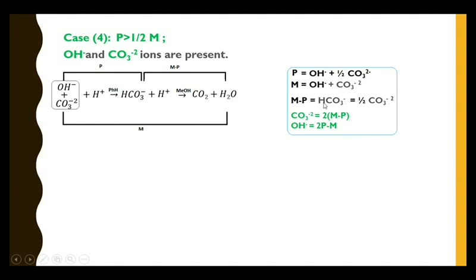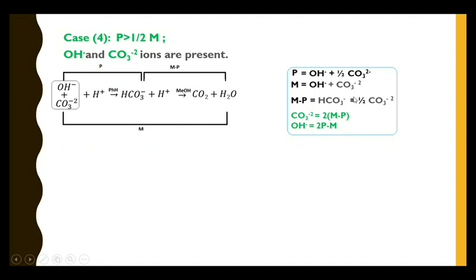So M is equal to complete neutralization of hydroxide and complete neutralization of carbonate. Therefore M minus P is equal to the neutralization of bicarbonate to carbon dioxide, which you call half neutralization of carbonate again, because when carbonate is converted to bicarbonate, you call it half neutralization. Therefore bicarbonate to carbon dioxide is another half neutralization.